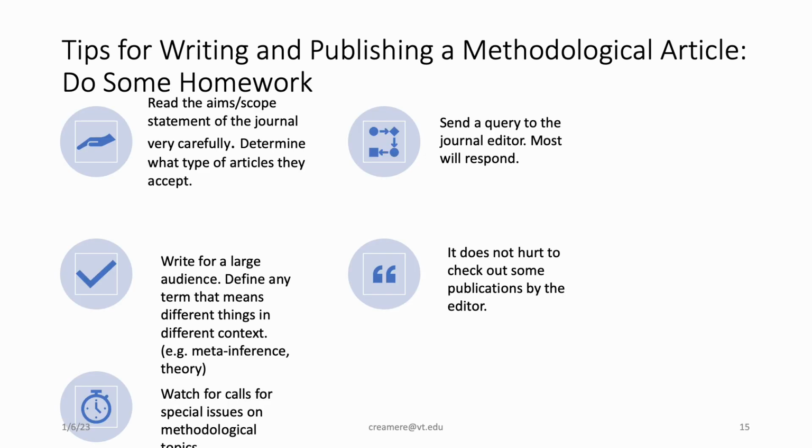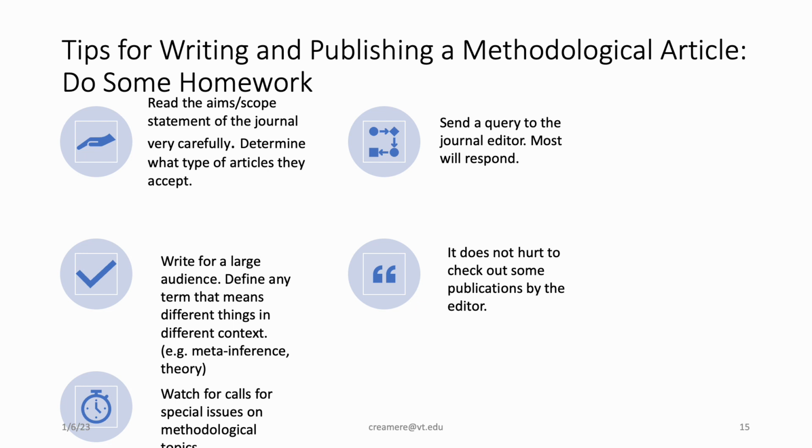So as we wrap up, let me just summarize several tips for writing and publishing a methodological article. The first, of course, is to do some homework about the journal, about the aims and scope of the journal, their guidelines for publishing.